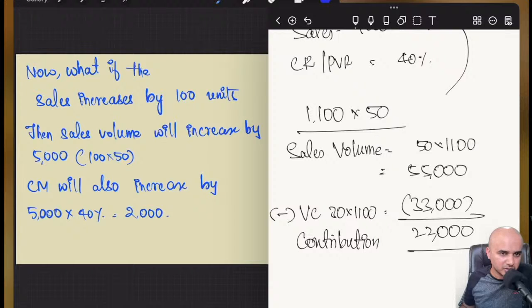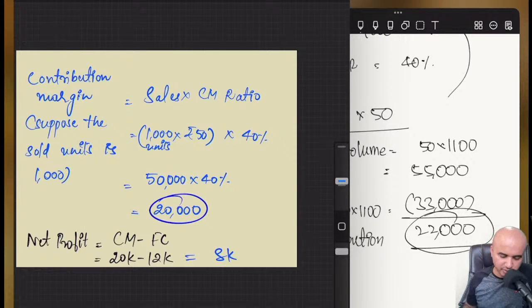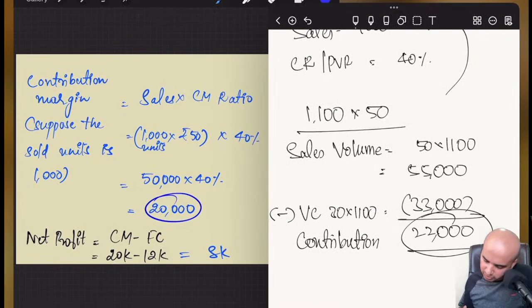So earlier, how much was the contribution? The contribution in the earlier case was 20,000. Now it has increased to 22,000. So the whole point here is, since the sales increased, how much was the sales increase?